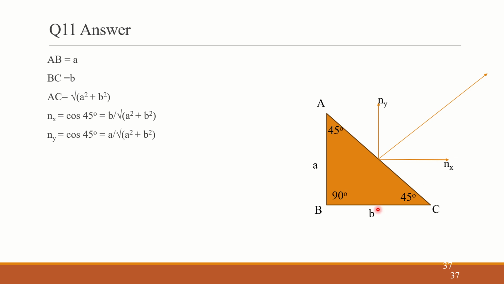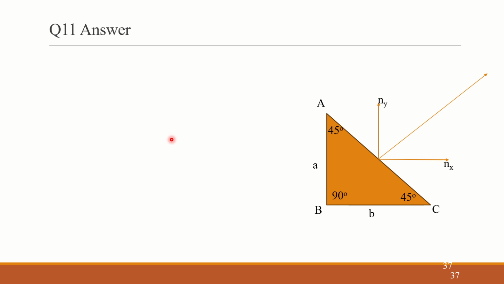So the direction cosine in the x direction is b divided by the hypotenuse, and similarly in the y direction it is a divided by the hypotenuse. So a by square root of a square plus b square in y, and b by square root of a square plus b square in x.